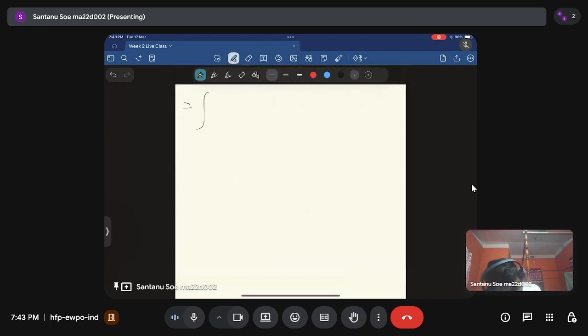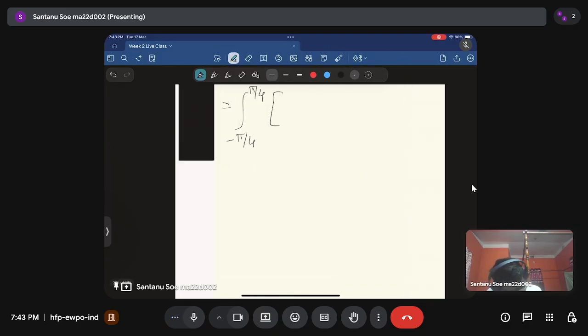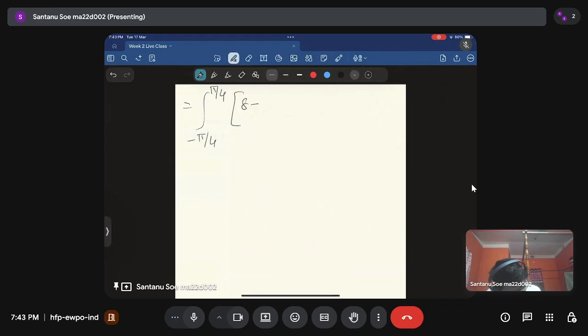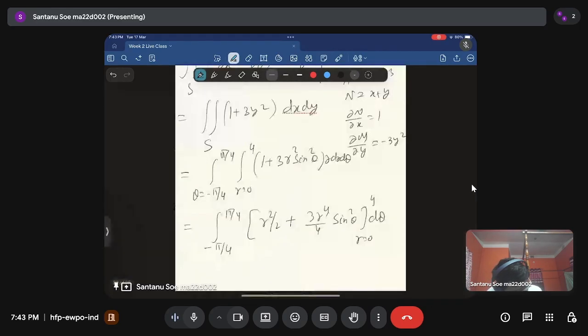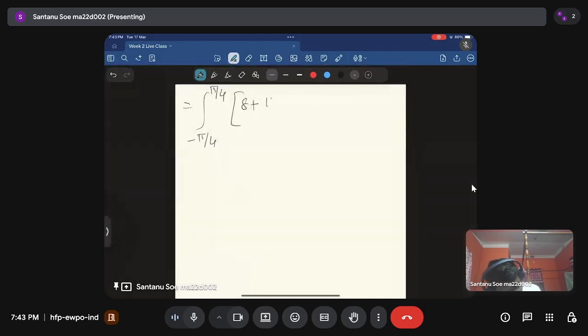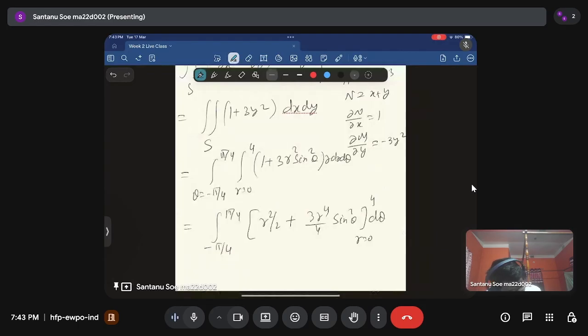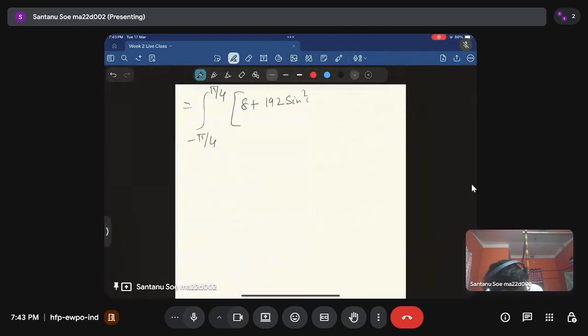So this is from minus pi by 4 to pi by 4, and this is 8 plus of 192 sine square of theta d theta.